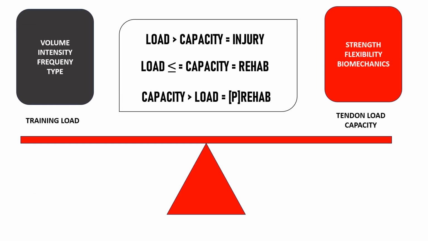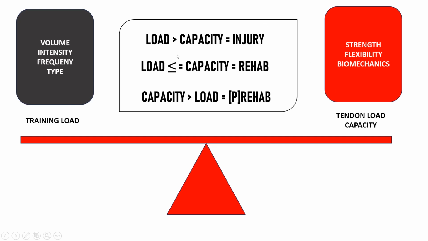So I thought this might be a nice way to finish the presentation with this little visual of how we can use the information we've gone through. To finish up, we're going to look at this concept of the scale, how to balance the loading with our capacity.